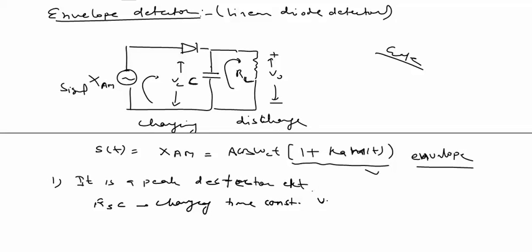The charging time constant is small due to the forward resistance of this diode. RLC is the discharging time constant, which is very large.